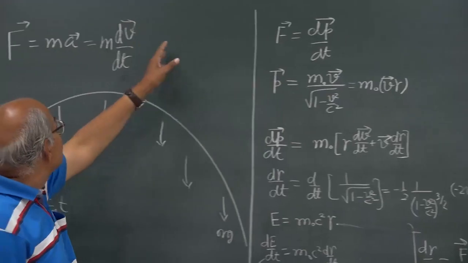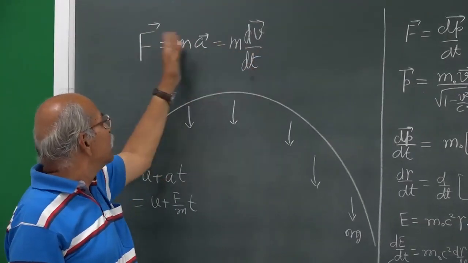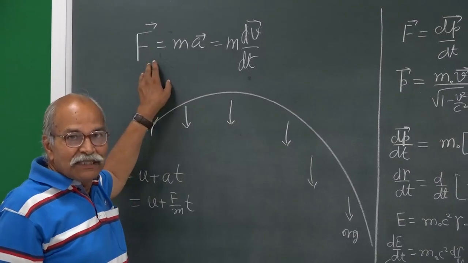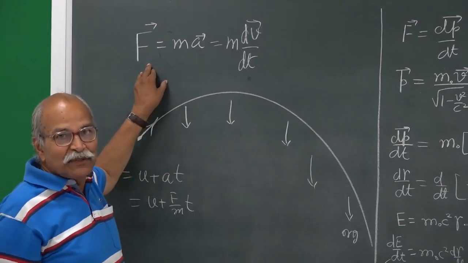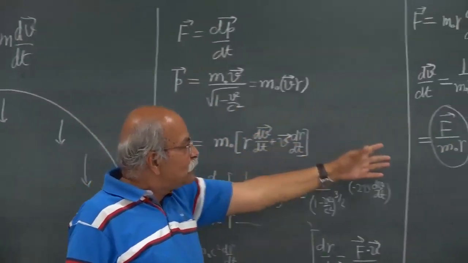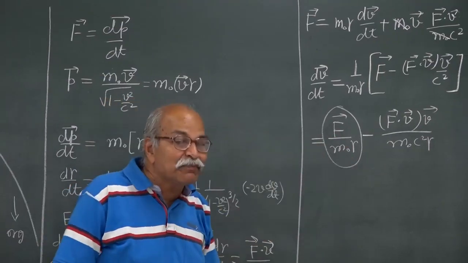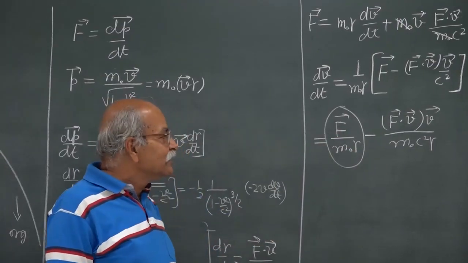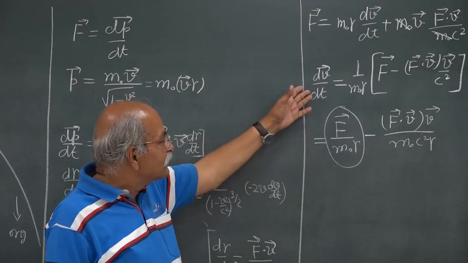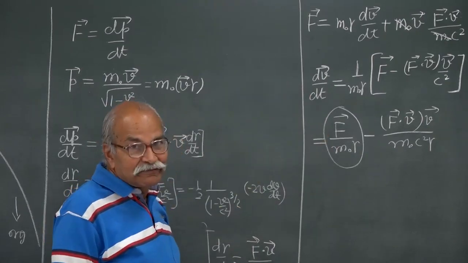If I have F equal to m dv/dt, so dv/dt is F by m, and I say no, it is relativity, do not use rest mass, use relativistic mass, you will get only one term, and it does not help. That is why we say that relativistic mass is not a great quantity.